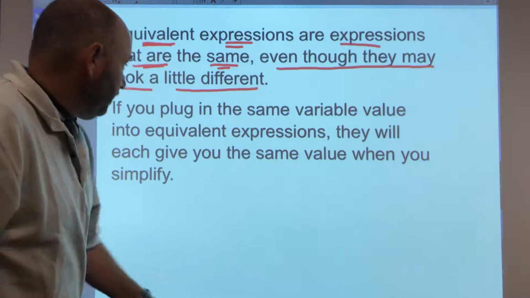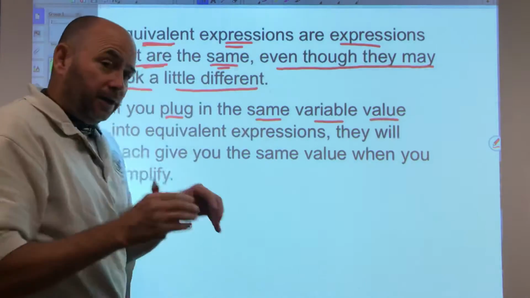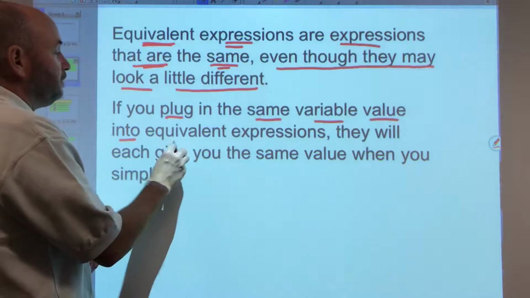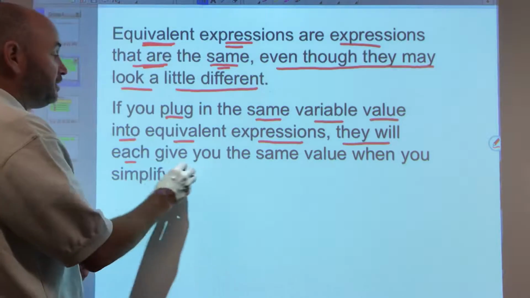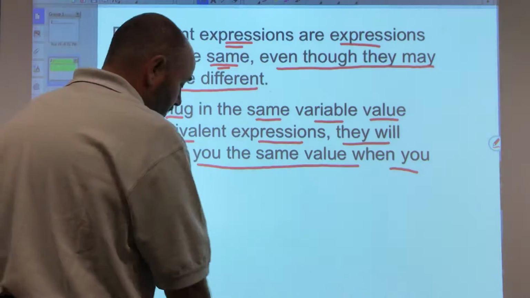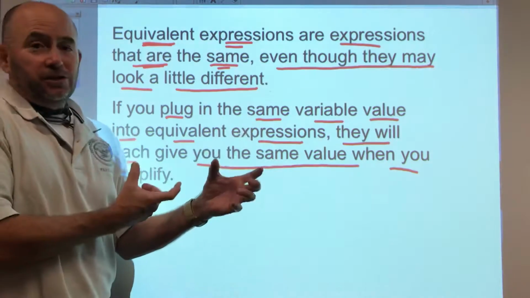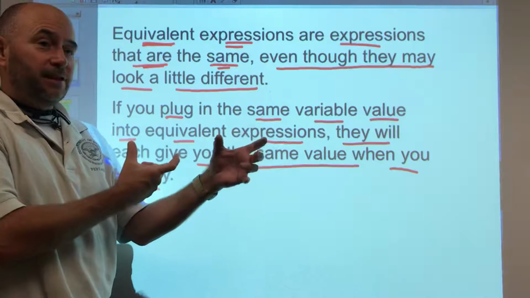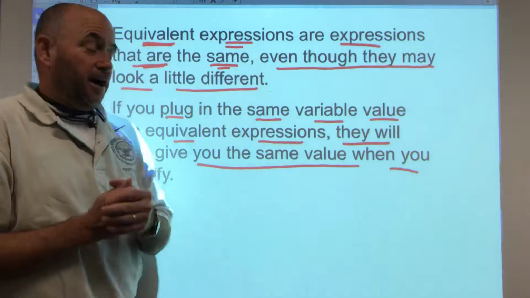Now, if you plug in the same variable value into the equivalent expressions, they will each give you the same value when you simplify them. Okay, so equivalent expressions are expressions that will give you the same value if you take the variable and plug in a value to that, okay?